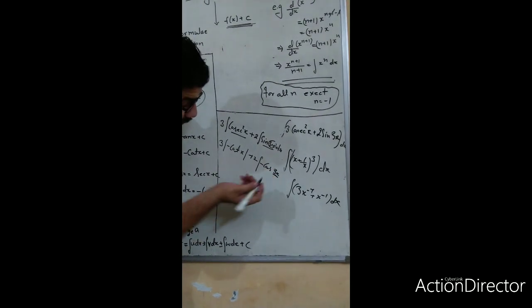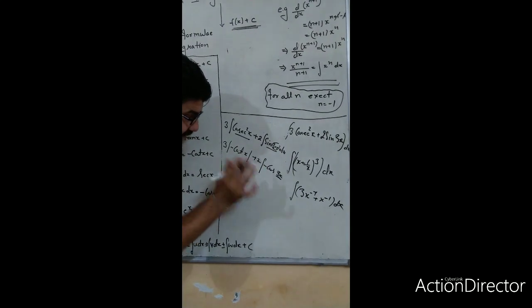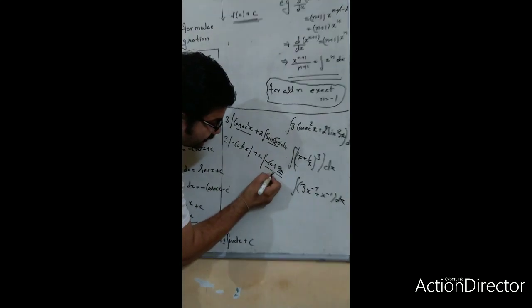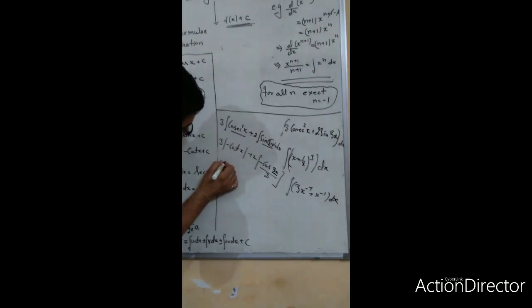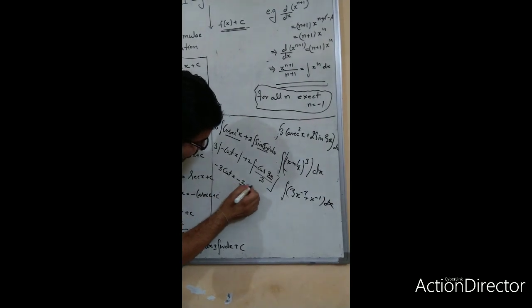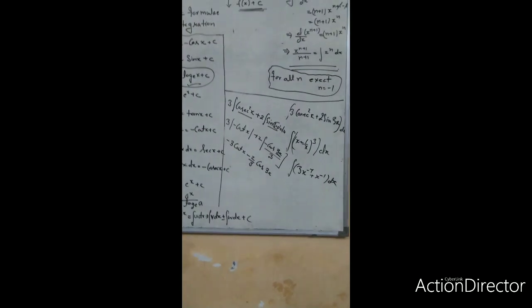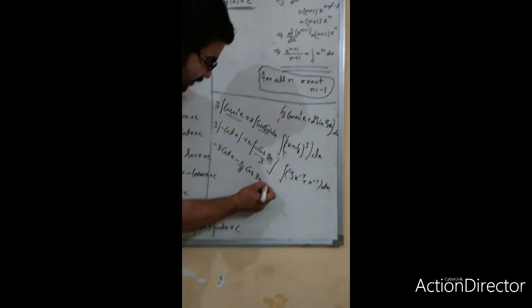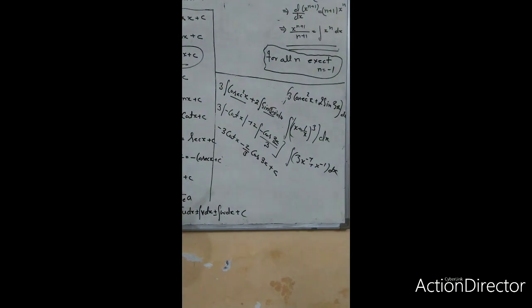But there is an angle: any quantity multiplied with the angle is always divided, so its integration will be divided by 3. So now the answer will be minus 3 cot x minus 2 by 3 cos 3x. This is the required answer for that integration. You have to put c along with it so that it's clear that this is the integration answer.